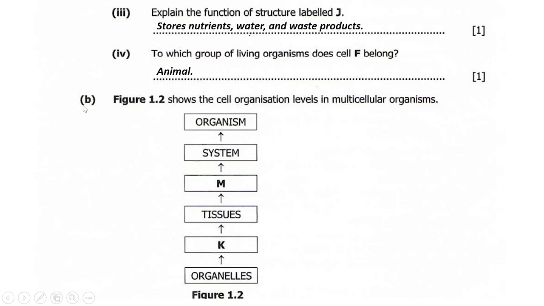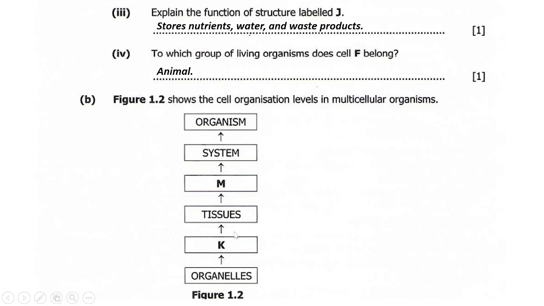Then B, figure 1.2 shows the cell organization levels in multicellular organisms. Multicellular organisms are organisms that have multiple cells. So this is the level of organelles, then we have K, tissues, M, system, organism.